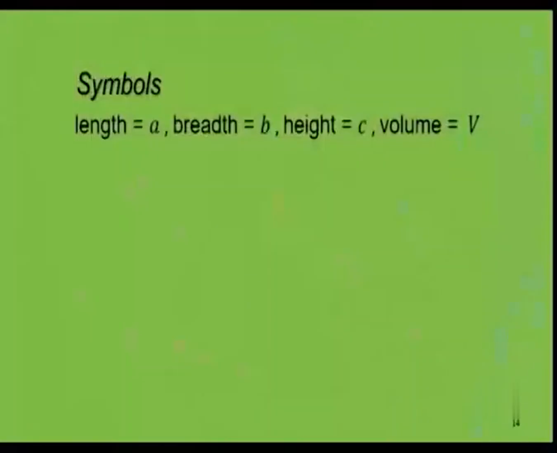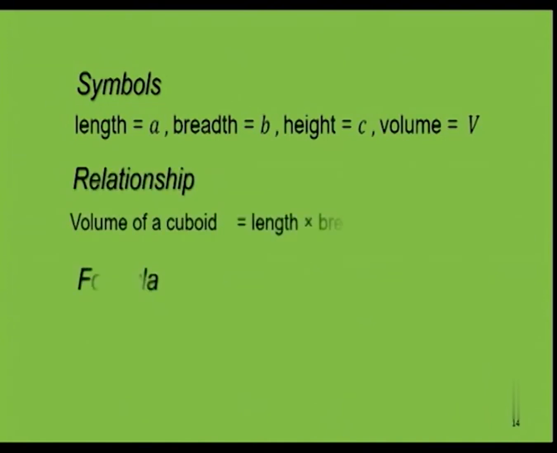You have length, breadth and height. You can take small a as length, small b as breadth, small c as height and capital V as volume. This is the relationship: volume of a cuboid equals length times breadth times height.